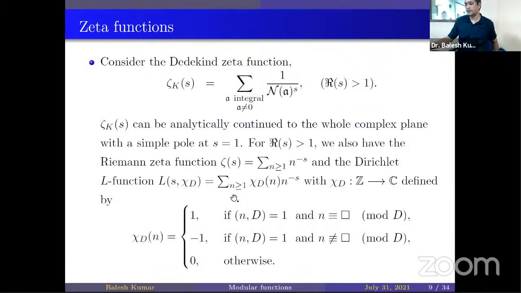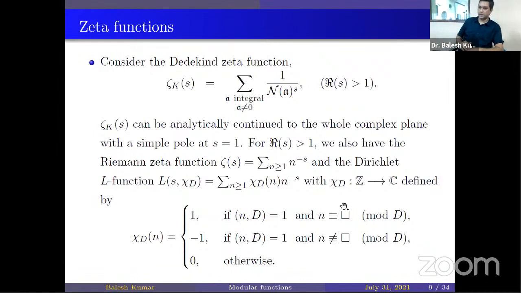This chi_d is defined on (Z/dZ)*, but one can extend it to the integers. It takes value 1 if n is a square mod d and coprime to d, minus 1 if it is a non-square modulo d, and 0 otherwise.